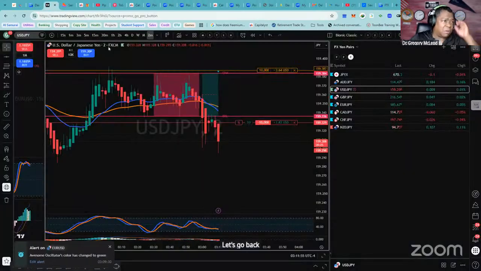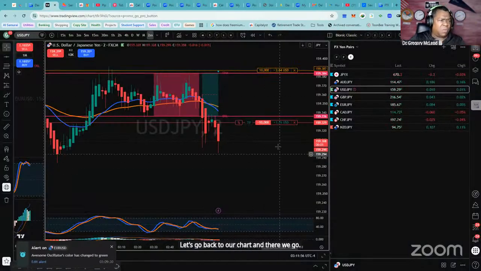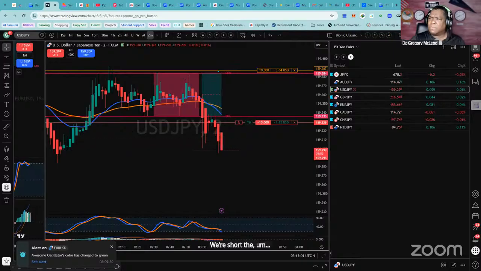Let's go back to our chart. And there we go. We're short the dollar yen right there. I think I'm probably gonna pop that in there. Right, so it's up $2.07.